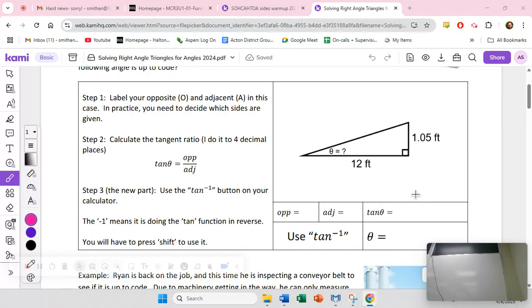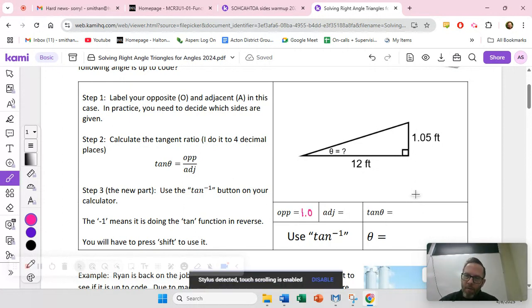If we think about yesterday versus this question, in this question, we're not given an angle. Instead, we're given the opposite and the adjacent. So I'm just going to label them down in my table here. I've got the opposite side, it's 1.05 feet. The adjacent side is 12.